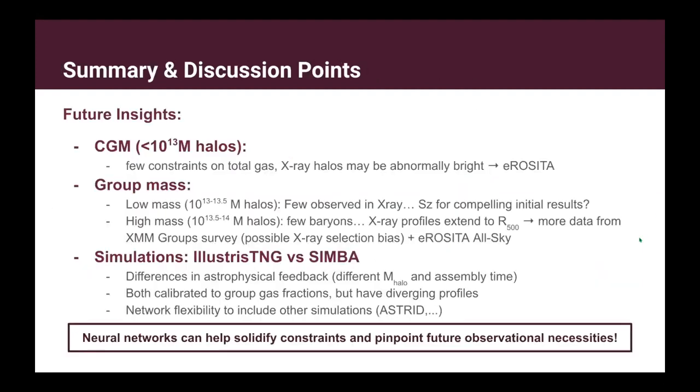So a few summary and discussion points, mostly discussion points, kind of pointing towards which observational surveys to keep an eye on, and why we've chosen, I guess, certain binnings or certain simulations. Looking at the CGM, specifically for less than 10^13 solar mass halos, there are few constraints on the total gas, other than the fact that the interiors of these halos are completely devoid of their cosmic abundance of baryons.